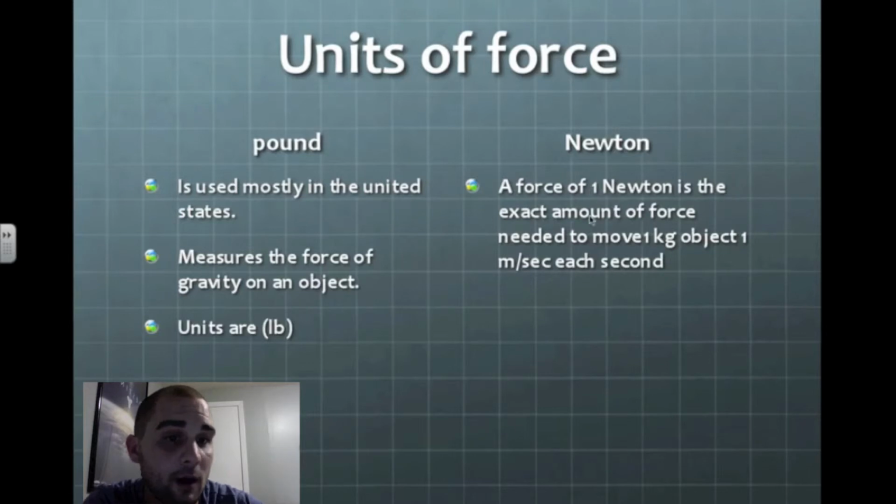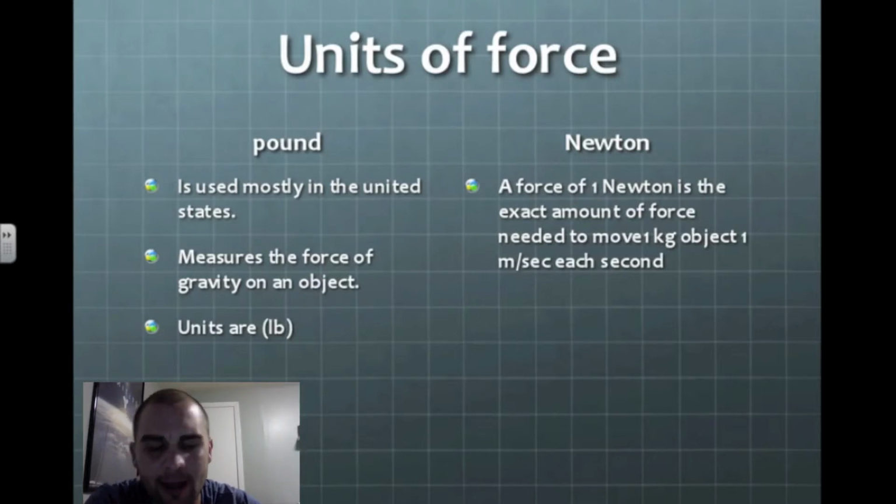A force of 1 newton is the exact amount of force needed to move a 1 kilogram object 1 meter per second each second. Let me put that in some reference for you. A 1 liter soda bottle filled with soda is about 1 kilogram.